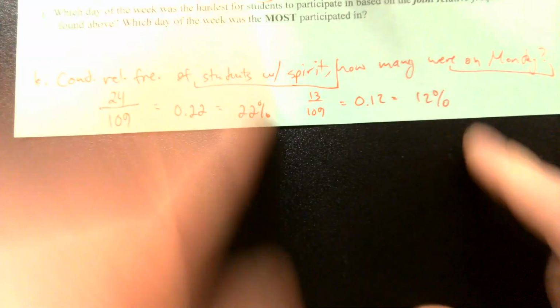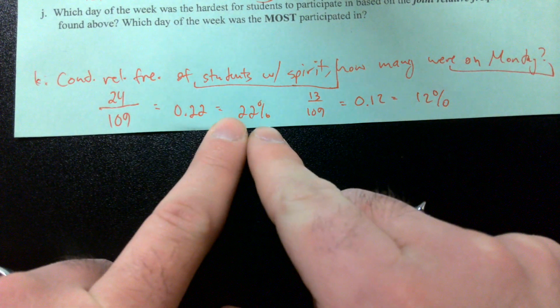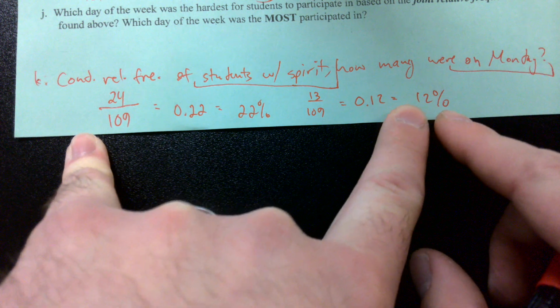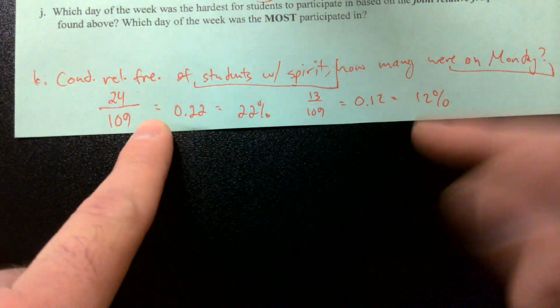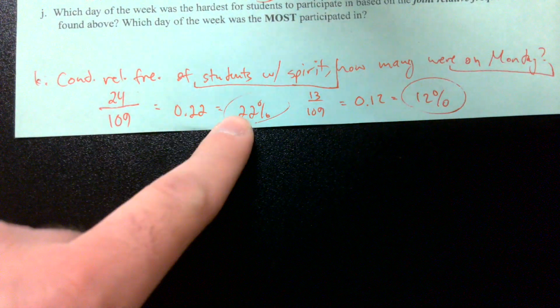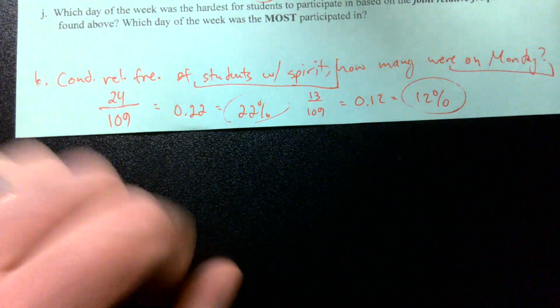So we can see when we compare these two frequencies that on Monday, there was a much higher frequency of people with spirit than on Friday. And in terms of the whole week, Friday's spirit only made up 12%, whereas Monday's spirit made up 22% of the week's spirit participants.